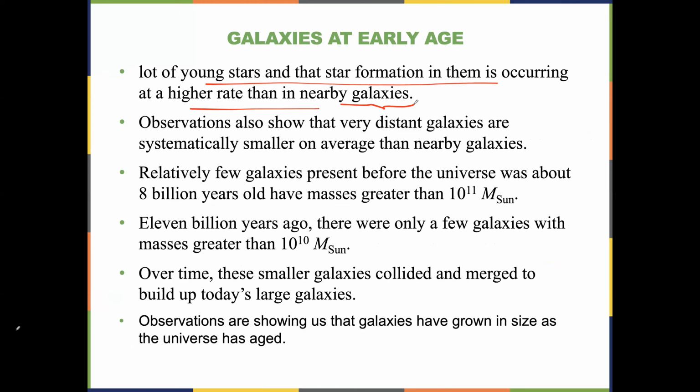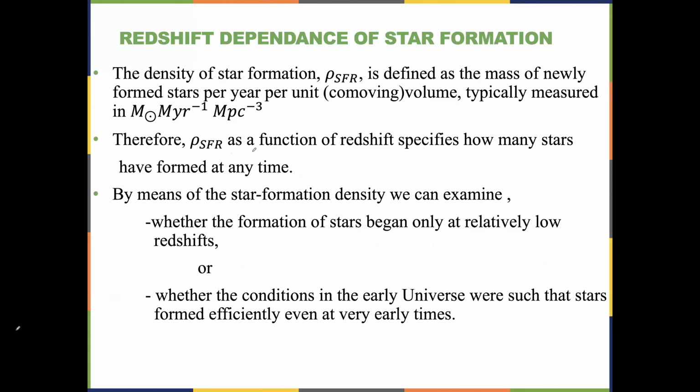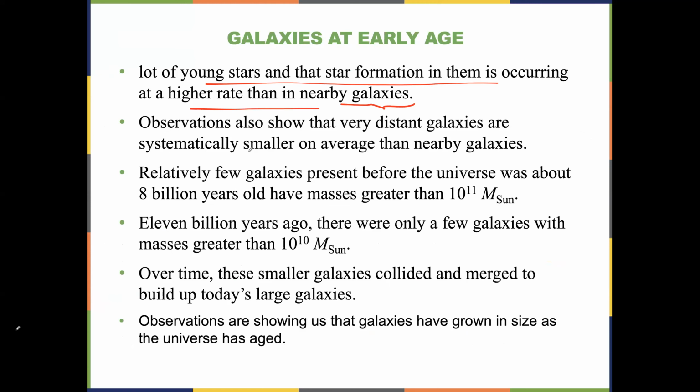And observations also show that distant galaxies are systematically smaller on average than nearby galaxies. So that is another thing that we can see. When you look at these galaxies that are so far away, they are smaller on average than nearby galaxies, right?